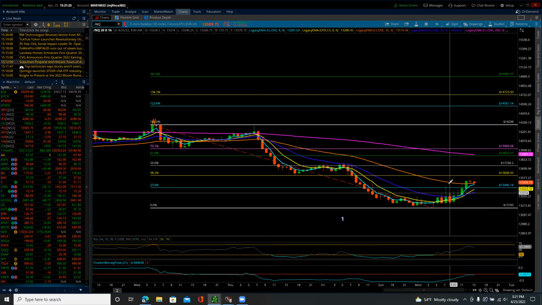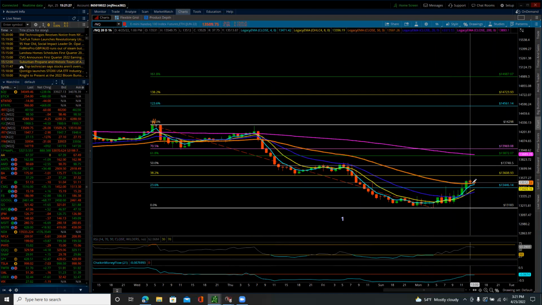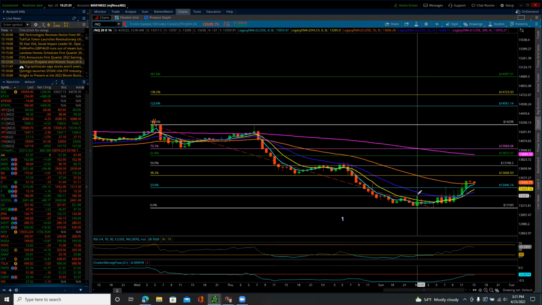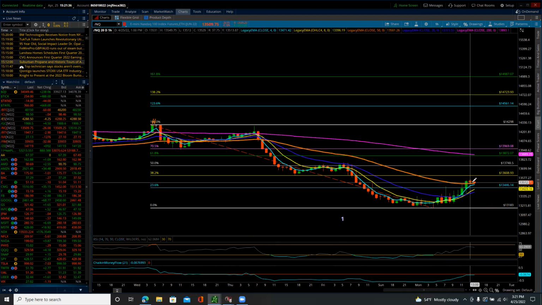So if the hourly holds at the 50 or slightly below, because the 50 is at 13,510. Now, if it holds and rallies, then that is support. And when it would break 13,531, it's a buy. That's on the hourly chart.